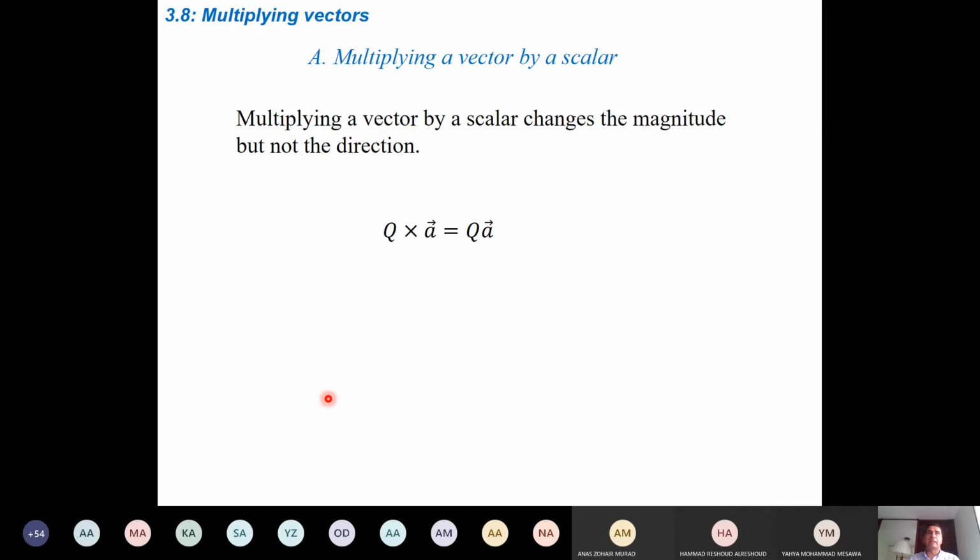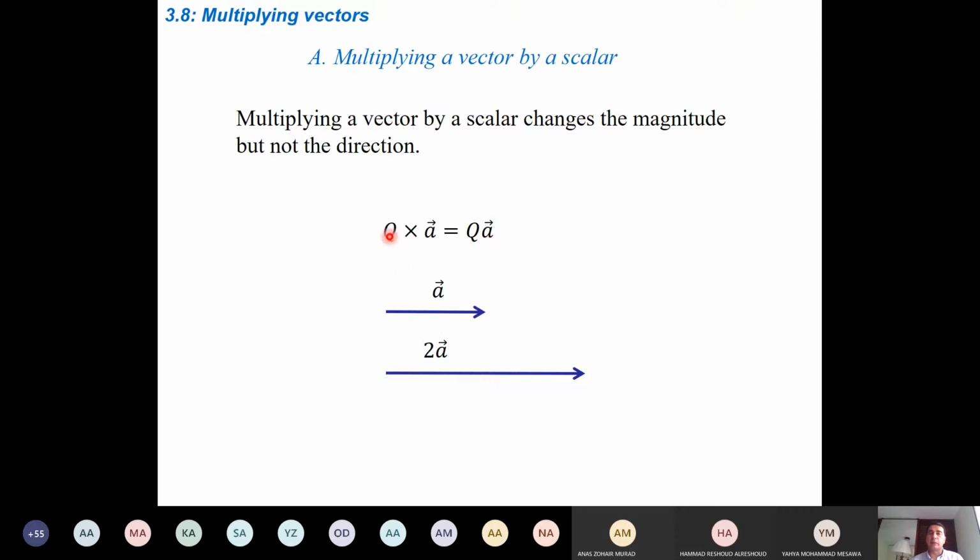Let's say you have vector A and you multiply that with 2. What you will get, the length of the vector is going to be double because you multiplied it 2 times. But the direction will remain the same. It has no effect on the direction.